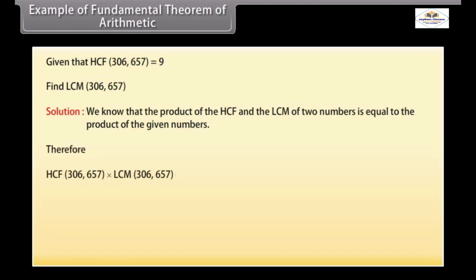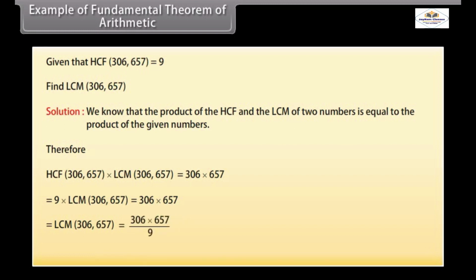Therefore, HCF(306, 657) into LCM(306, 657) is equal to 306 into 657, which is equal to 9 into LCM(306, 657). LCM(306, 657) equals 306 into 657 upon 9. LCM is equal to 22,338.